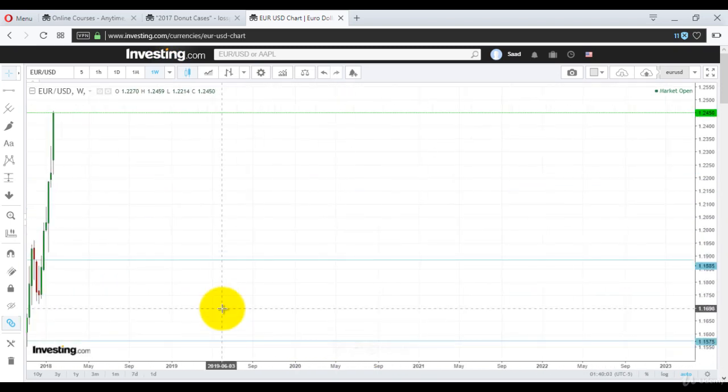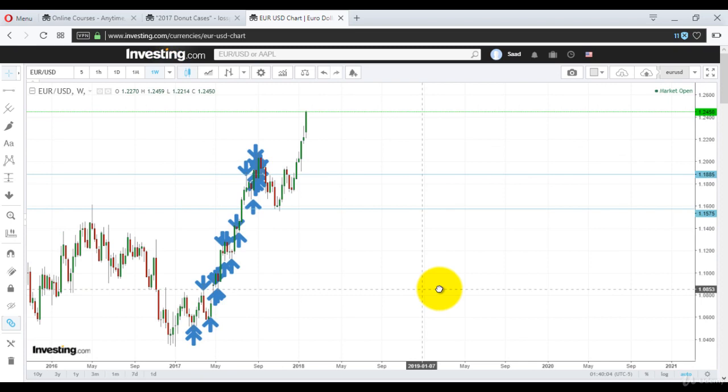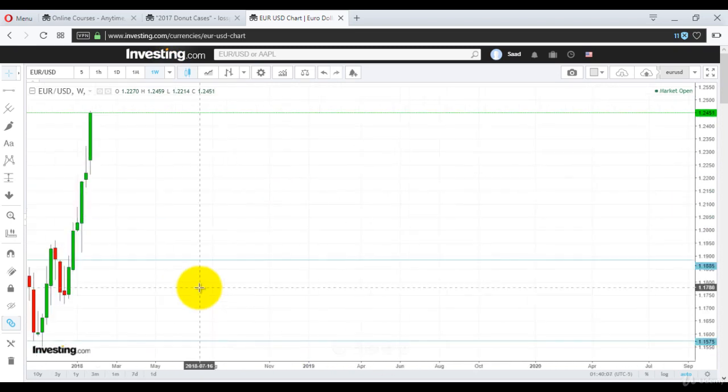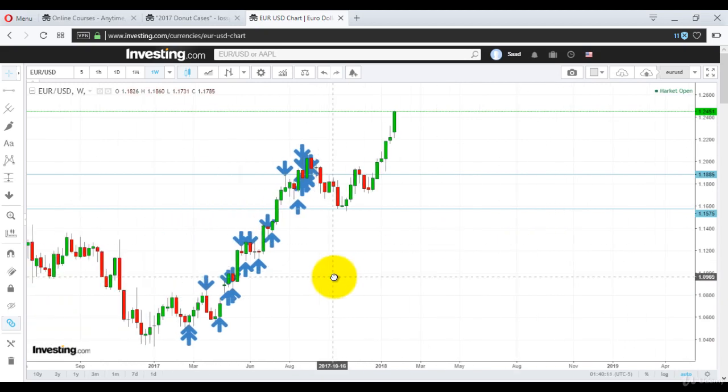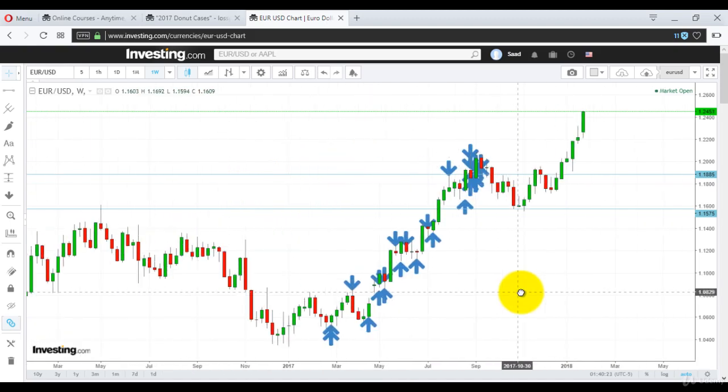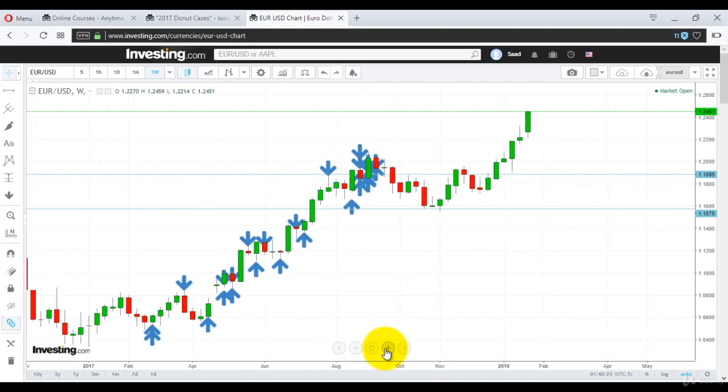Just look at it. You will be astonished. Now, this is the weekly chart. It was rising, rising, rising. And then this was the intraday chart. It was falling off.